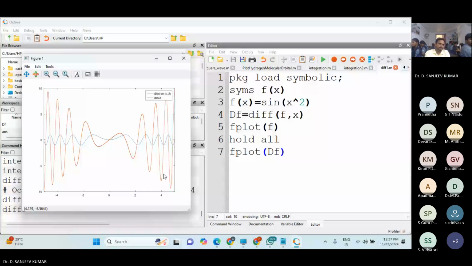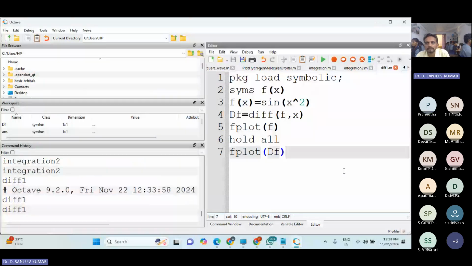So using MATLAB, you can get the functional form of the solution also using the symbolic package.